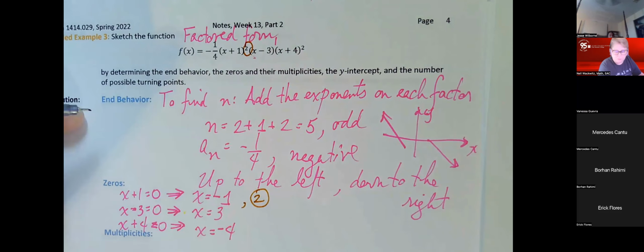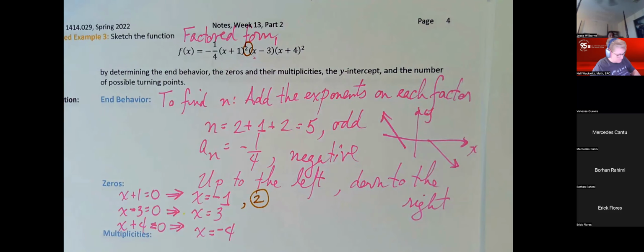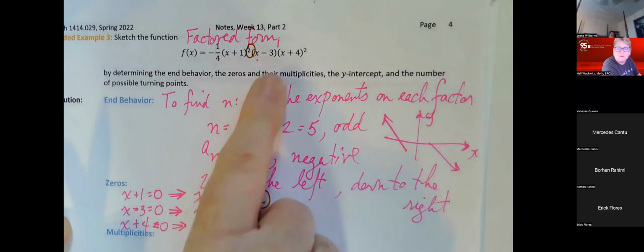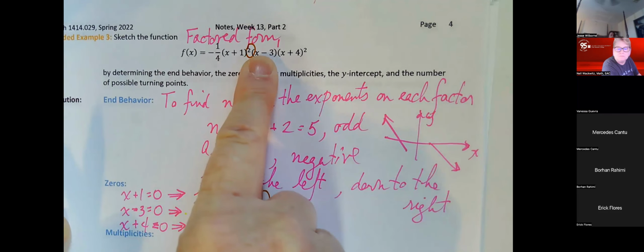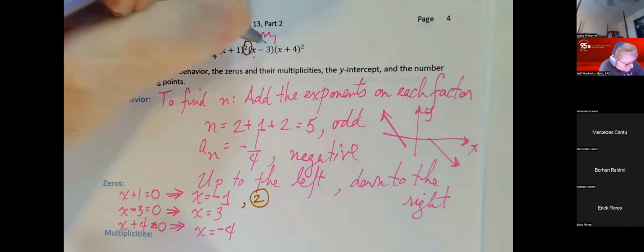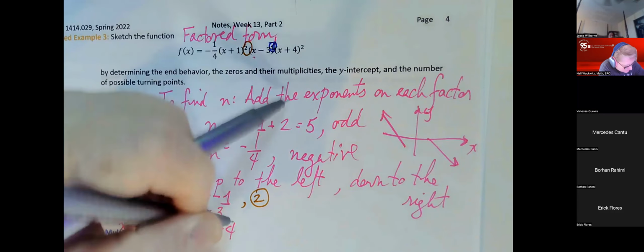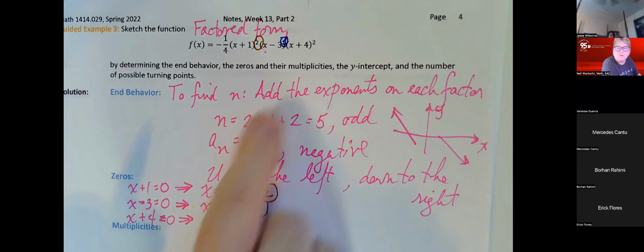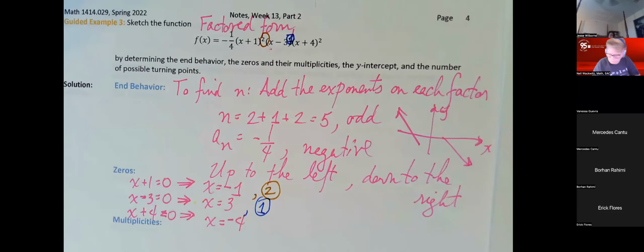And I always circle the multiplicity, just makes it easier. All right. What is the exponent on the x minus 3 factor? 1. Good. And what is the exponent on the x plus 4 factor? 2.